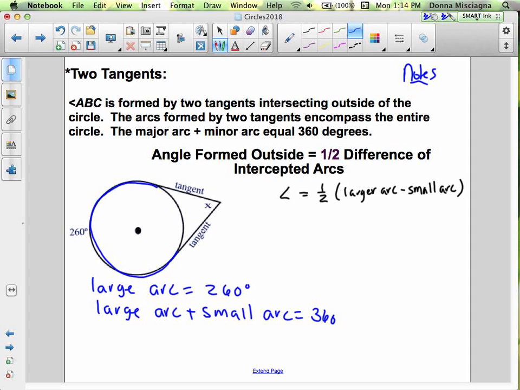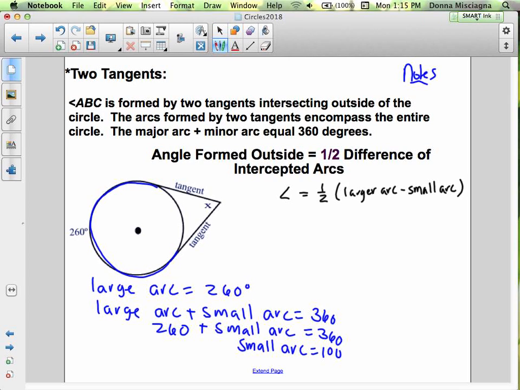That would be equal to 360 degrees. Since the large arc is 260, if we subtract 260 from both sides, the small arc equals 100 degrees. So 360 minus 260 would be 100 degrees. Now we know both arcs.